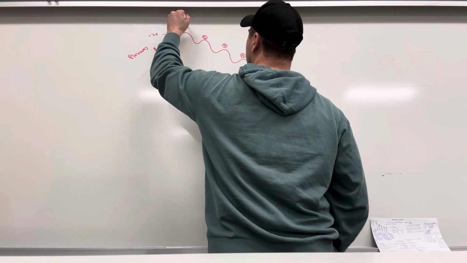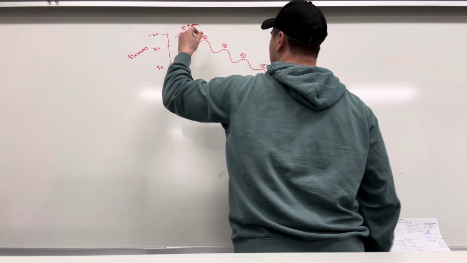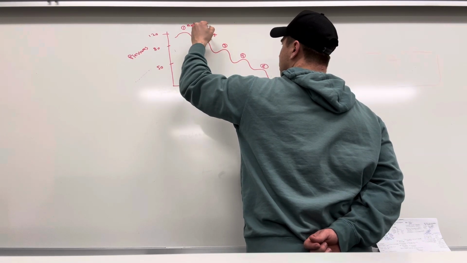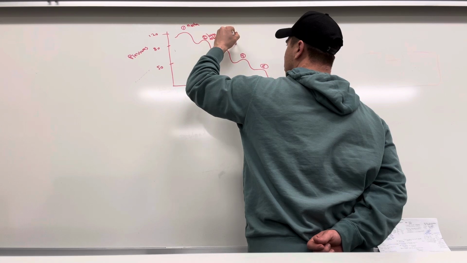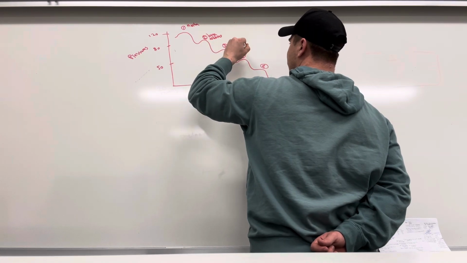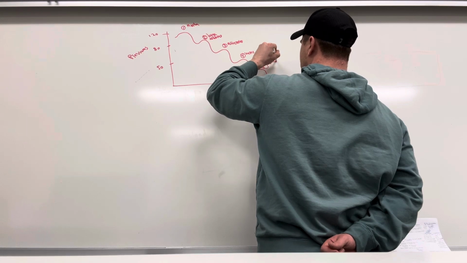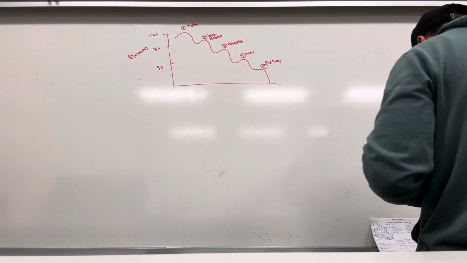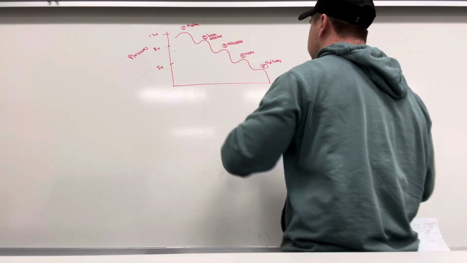So these are going to be the aorta. That's going to be the aorta. That will be the aorta. This will be large arteries, arterioles, veins, capillaries. Pretty sure that's how that works. Oof.